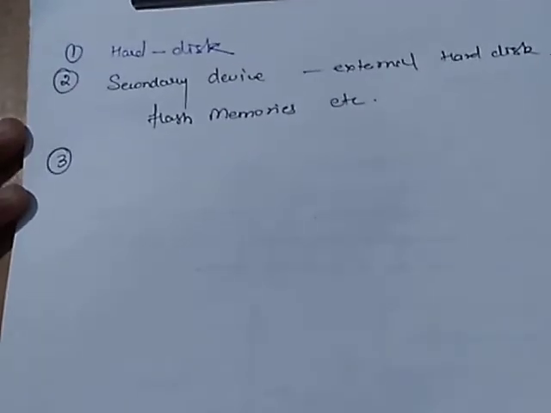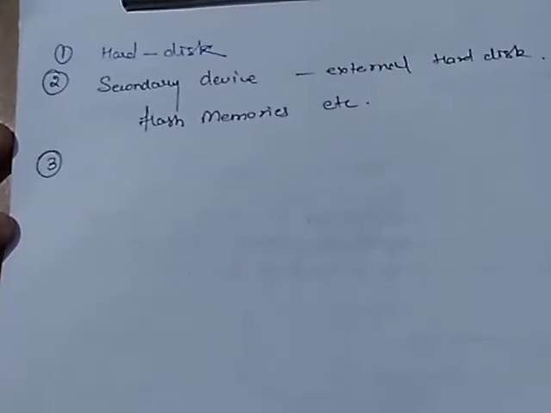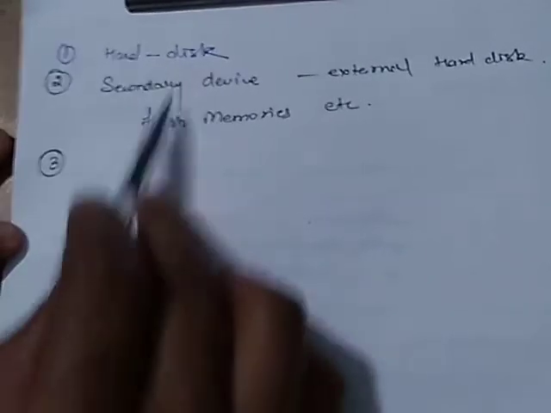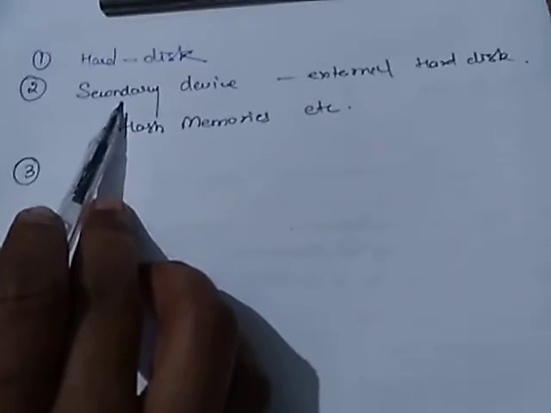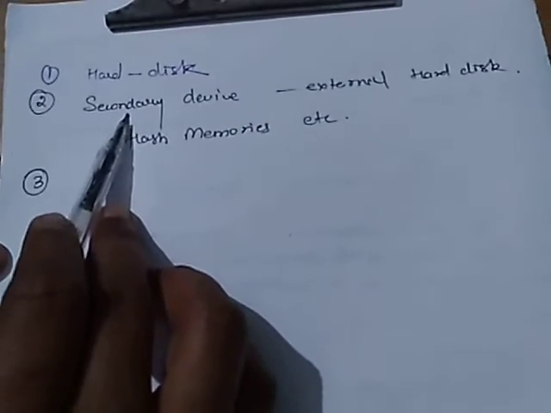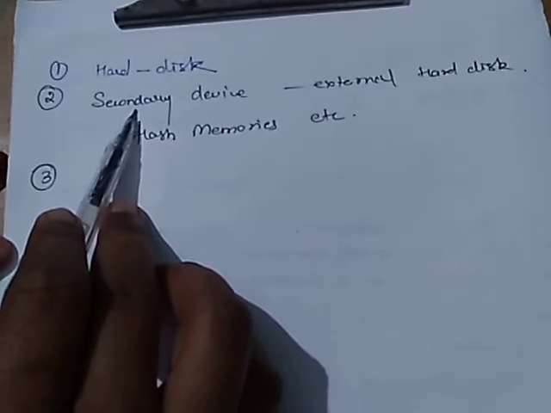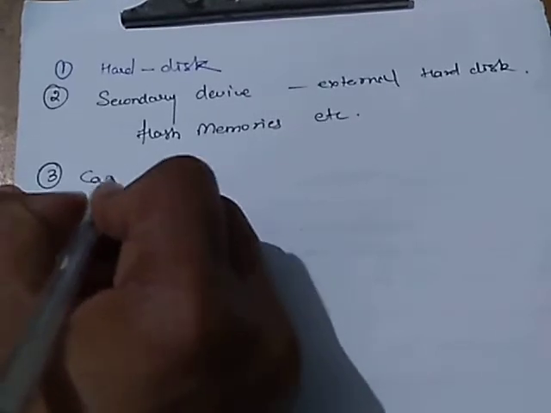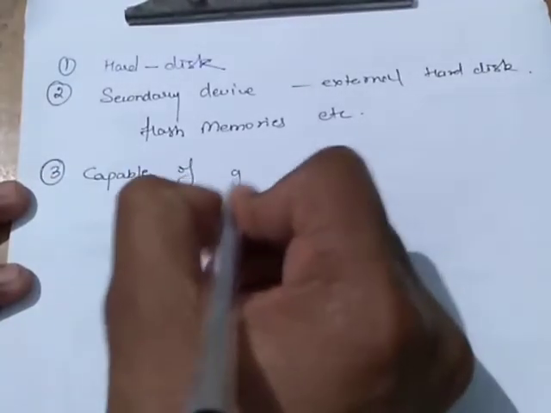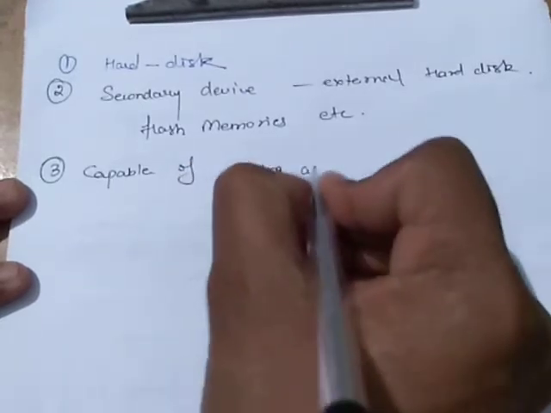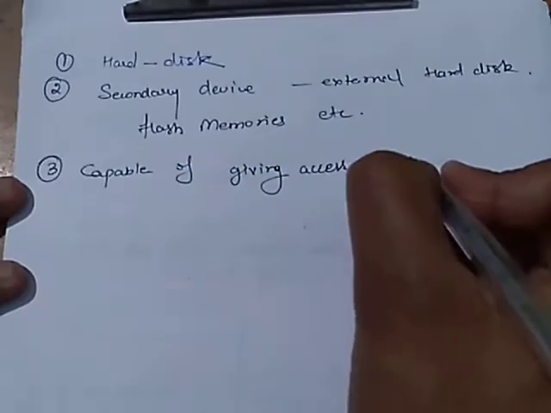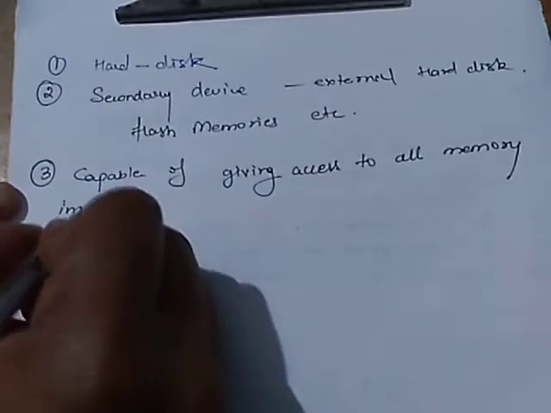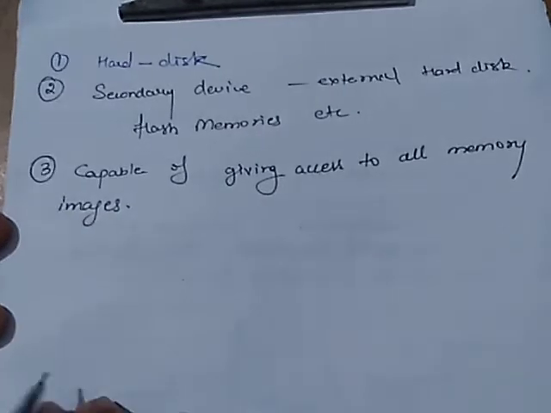Now point number three, whatever secondary device we use, whether it is a hard disk or another device, it must be capable of providing direct access to these memory images.